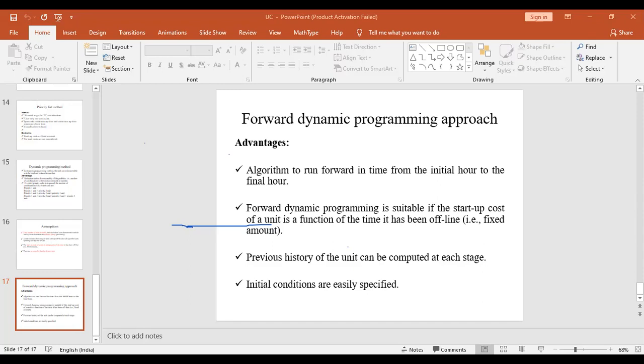So the 1000 megawatt can be split into 800 megawatt for the first unit and 200 megawatt for the second unit. The ratio PG1 to PG2 is 4 to 1.